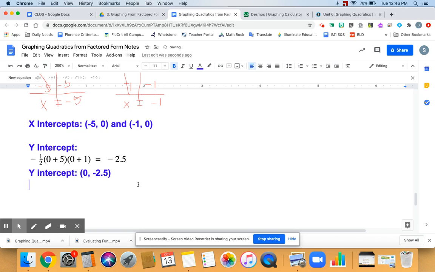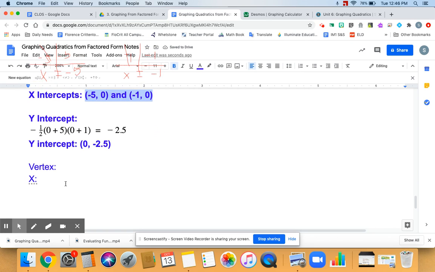And finally, for my vertex, to get my x value, it's the middle of my two x-intercepts. So I could write out everything between -5 and -1 and then find the middle. Or I can do the whole process where I take the two numbers and add them together.